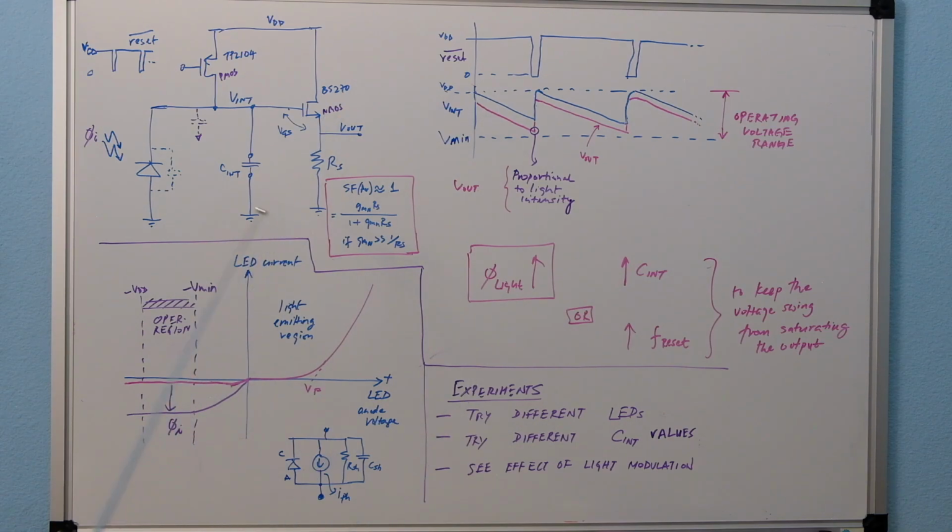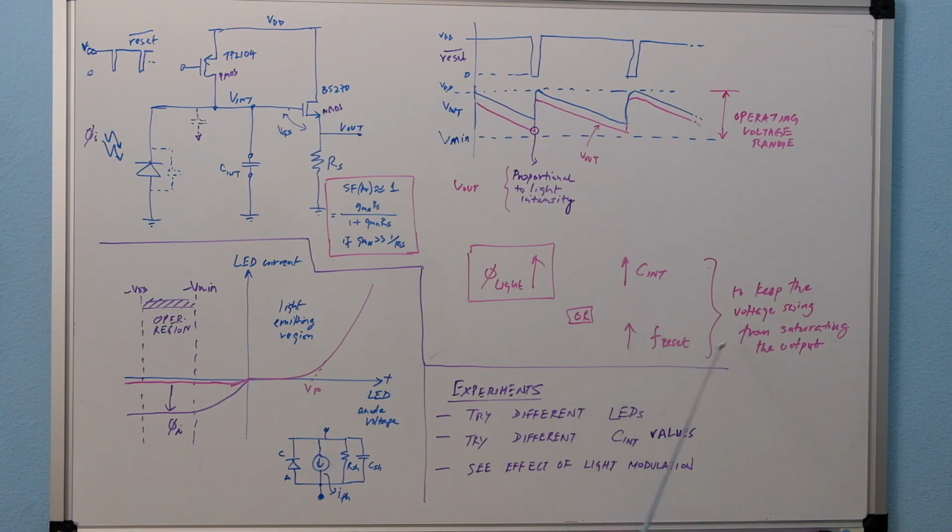So what happens if you have a very large current in this diode LED? In that case you would have to increase the capacitor, so you take a longer time to discharge it, and so you have more time to essentially let that voltage drop down to the same value before you reset it. The other option is you can change the frequency.